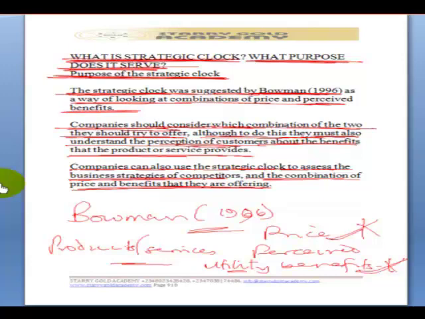So when companies are able to understudy the strategies put in place by their rival firms in terms of combination of price and other benefits, then the firm can put in place counter strategy which can make the strategies of competitors ineffective at a given point in time. And the purpose of doing all this is to achieve some element of competitive advantage.